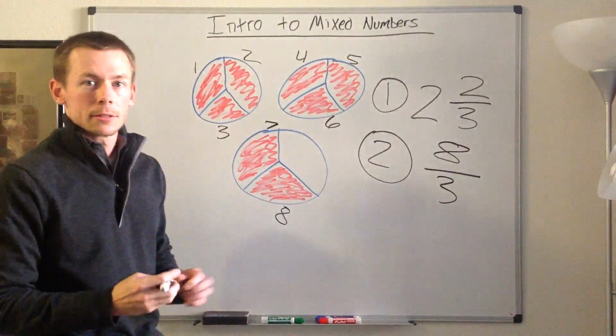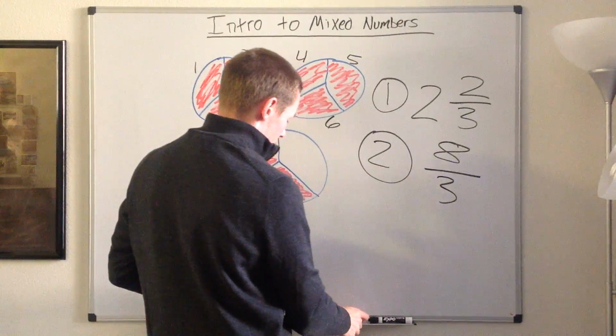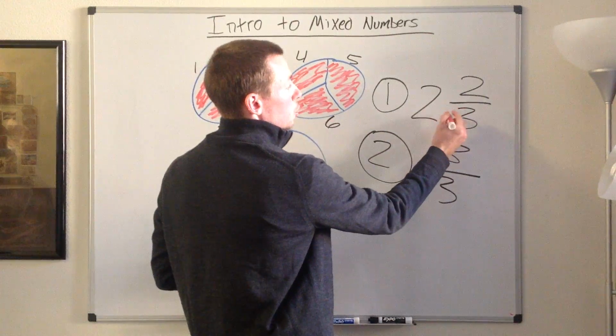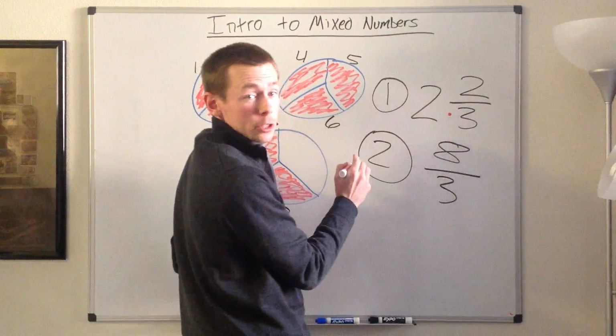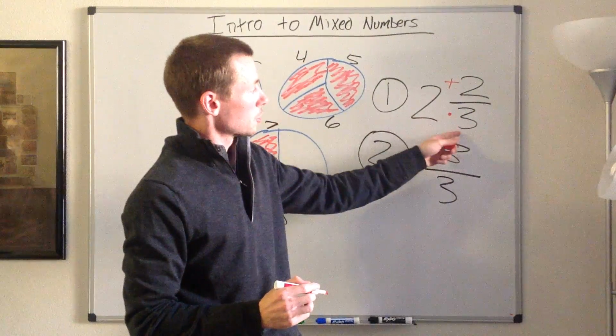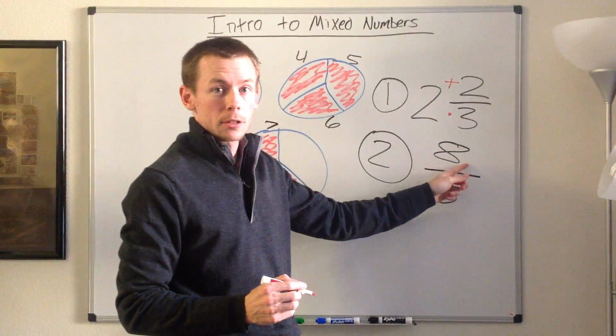8 thirds. Okay? So then, one way we can get from one to the other is 2 times 3 plus 2. 2 times 3 here is going to give us 6. And then plus 2 would give us our 8 thirds.